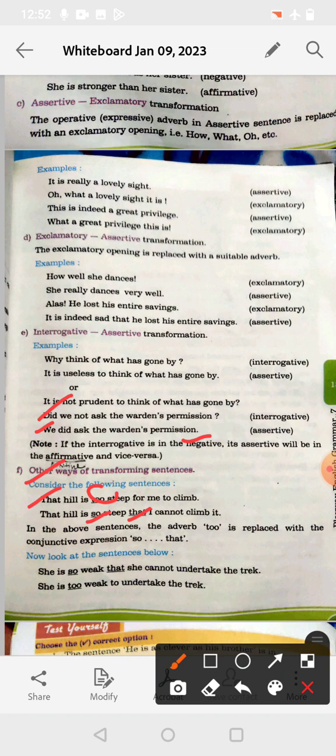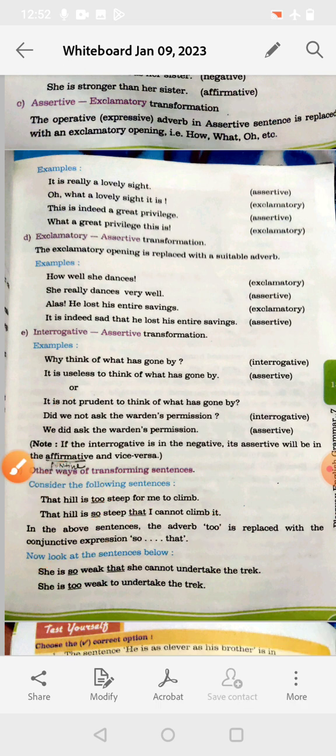So in the above sentence, student, what you have noticed is that the adverb to is replaced with the conjunctive expression so that. Okay, now similarly we can change so that also with the help of to. So it will be, she is so weak that she cannot undertake the trek. So when we change it, it will be, she is too weak to undertake the trek.